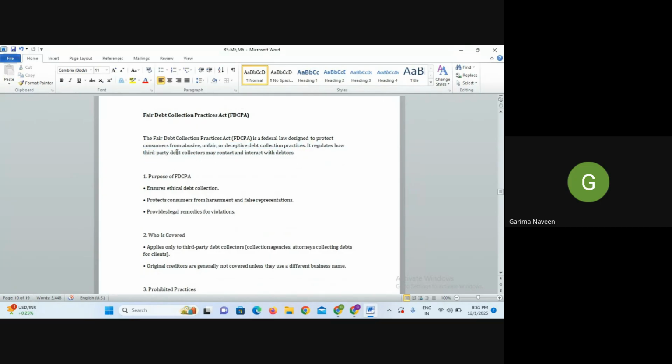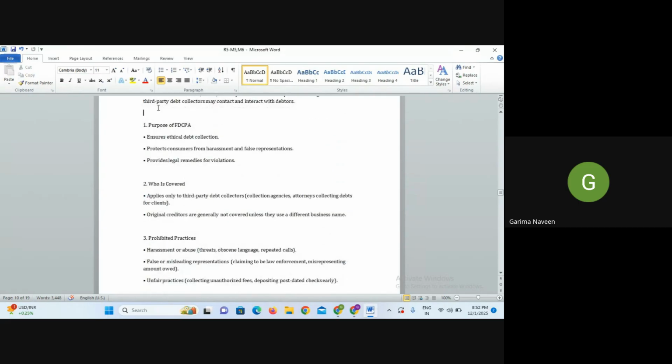It regulates how third-party debt collectors may contact and interact with debtors, so that nobody is able to use abusive, unfair or deceptive practices in order to recover their debt. The purpose is to ensure ethical debt collection, protect consumers from harassment and false representation, and provide legal remedies for violation.